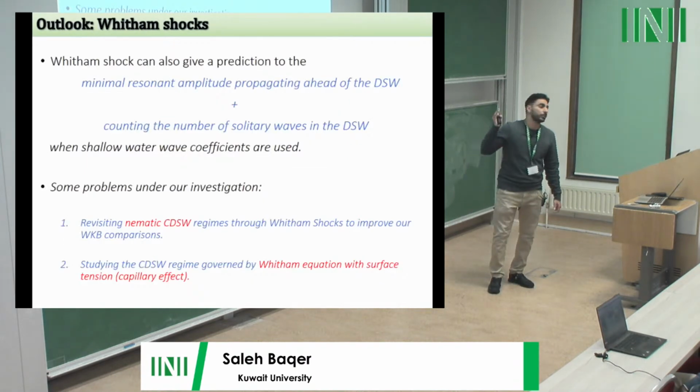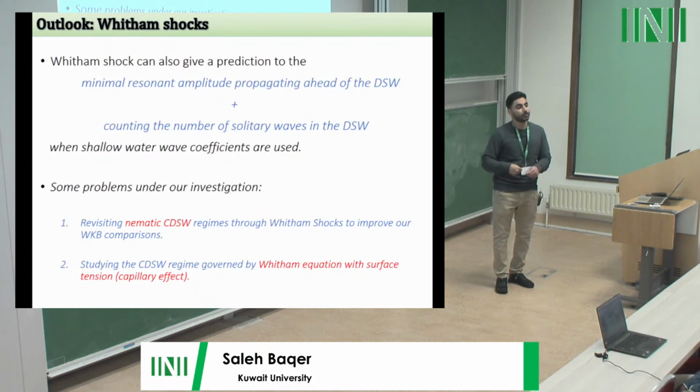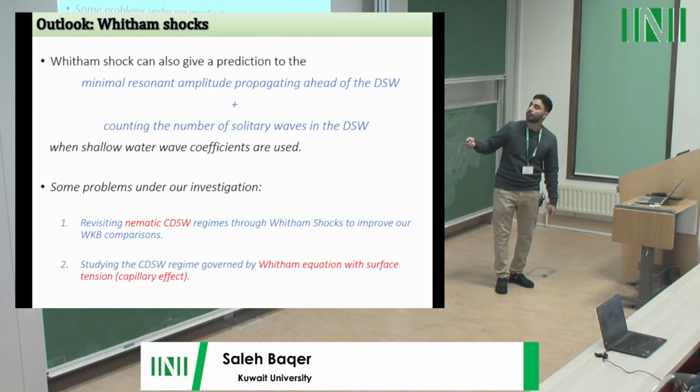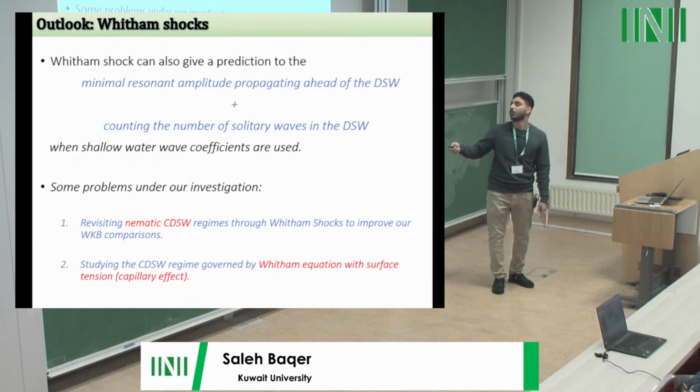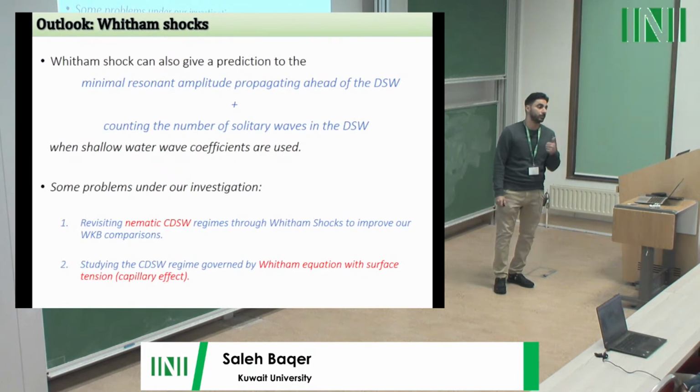You can also use the Whitham shock to predict the least resonant wave amplitude propagating ahead of the dispersive shock wave, and also to count the number of solitary waves. But I'll skip that, and for that you can refer to the papers. Two problems of interest are to revisit the nematic crossover dispersive shock wave to improve the WKB approximation through Whitham shock, and, more interesting, to look at the Whitham equation when you add the surface tension effect into account.